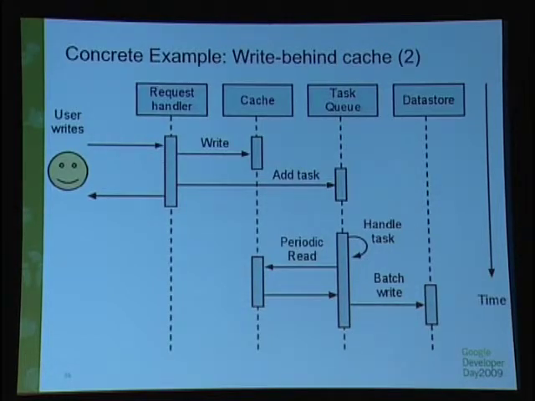And the handler will then do a periodic read from the cache and then do a batch write to the data store. Time going down here. So this is the decoupling between user action and data store writes. And this is what basically every site on the net that has appreciable size is doing under the covers to make their site scale cheaply.